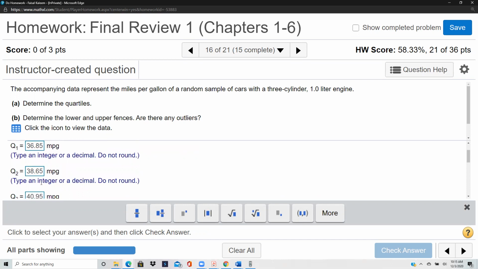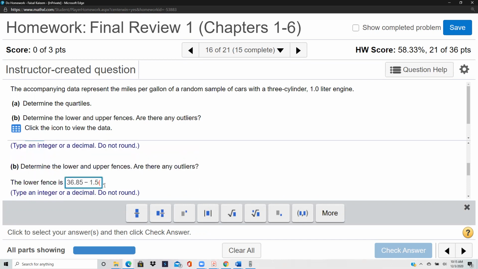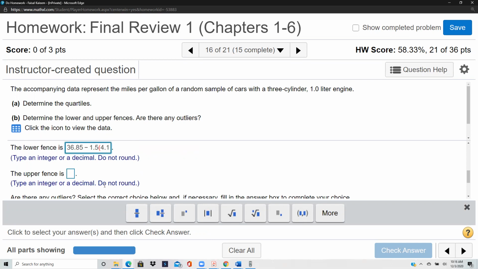So that's 4.1. And how much is 1.5 times that? 6.15. So 36.85 minus 6.15 is 32.7? No, 30.7.